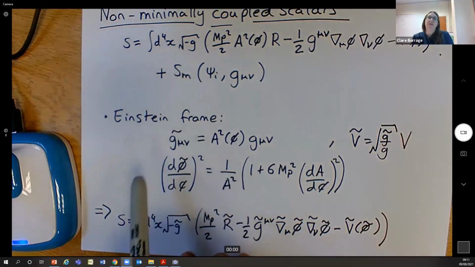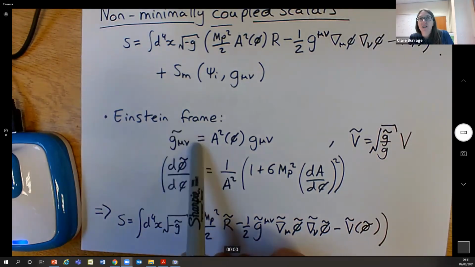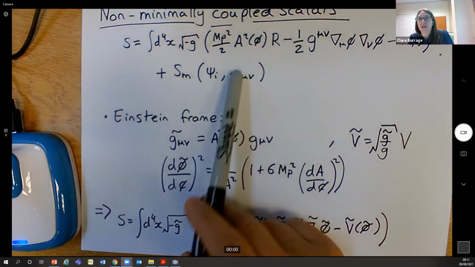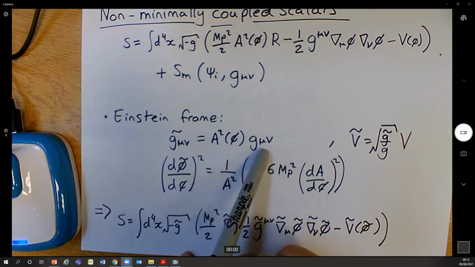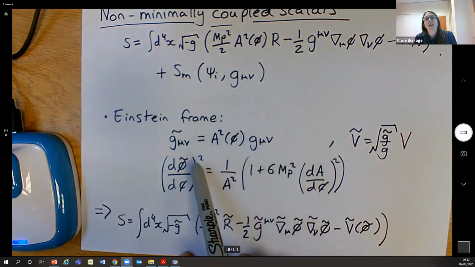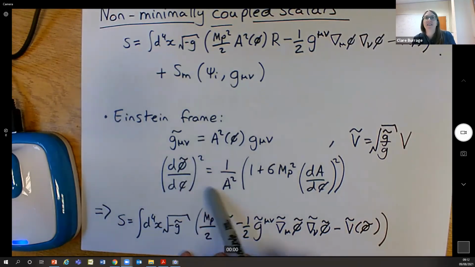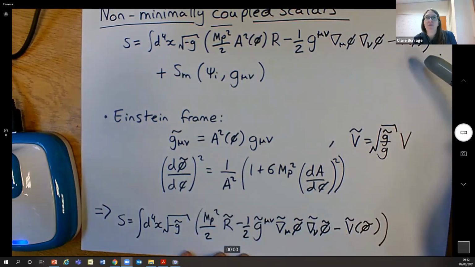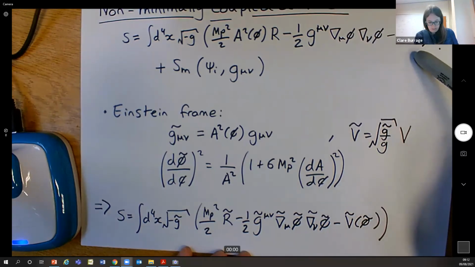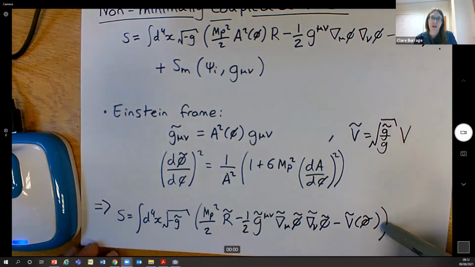But if we do two field redefinitions, one is that we define a new metric, which is just this A squared function of our scalar field times what we had previously as the metric of our space-time. And if we define a new scalar field, phi tilde, which is related to our old scalar field in this slightly complicated way, then I can completely equivalently write the theory I had here in the top line as this theory that I have in the bottom line on the page here.